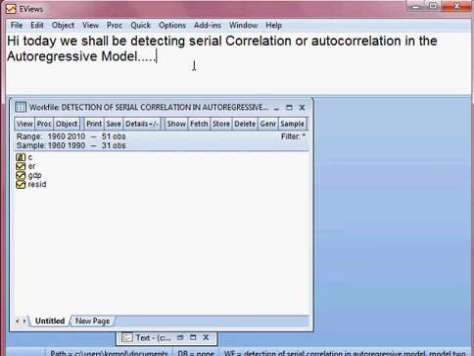Okay, what does autoregressive model mean? Example, suppose GDP is the dependent variable and C is the constant. So GDP lag 1 and ER.